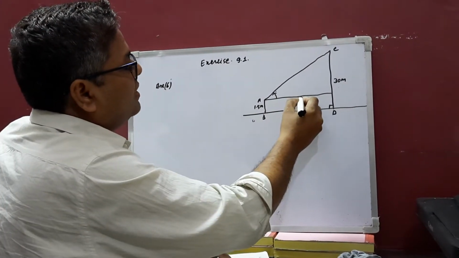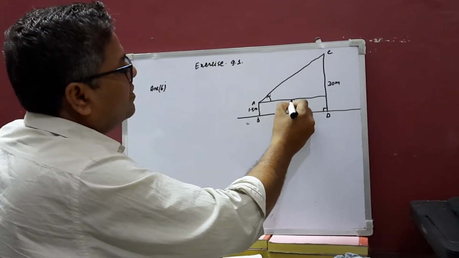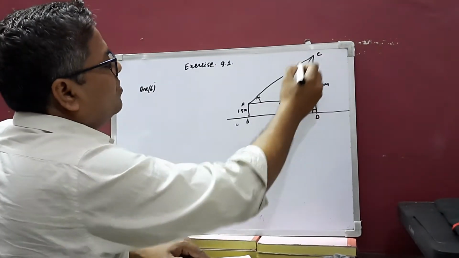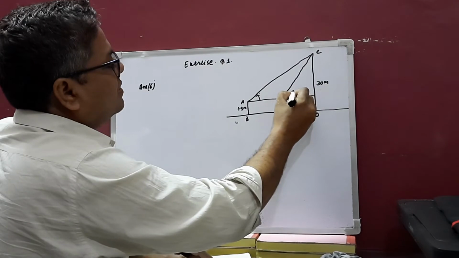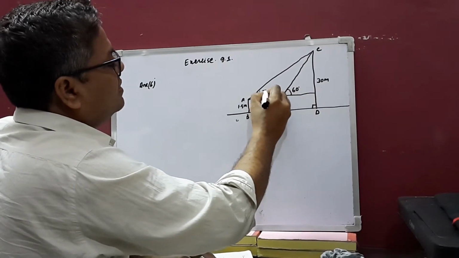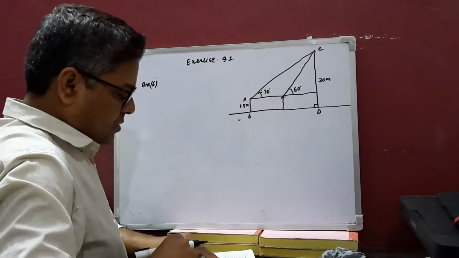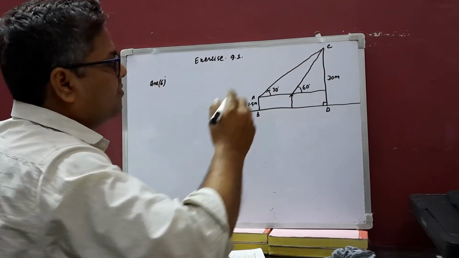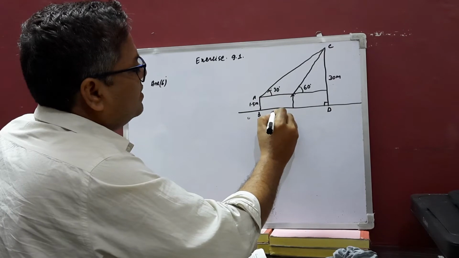Now he is coming here and again watching the top, and this is the 60 degree and this is the 30 degree. Find the distance he walked towards the building. We have to find this.